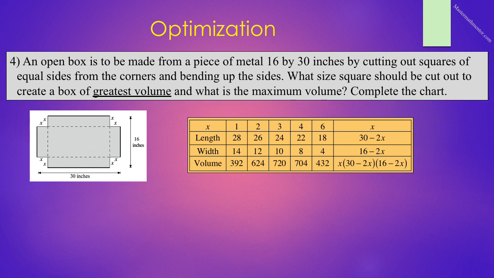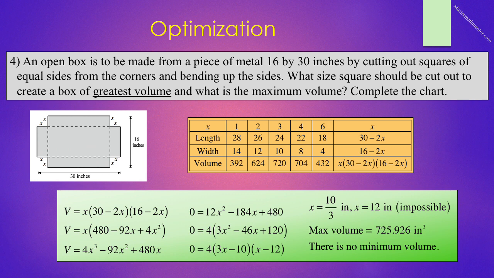So, when x is the side of your square, the length is 30 minus 2x, the width is 16 minus 2x, and therefore the volume will be x times (30 minus 2x) times (16 minus 2x).